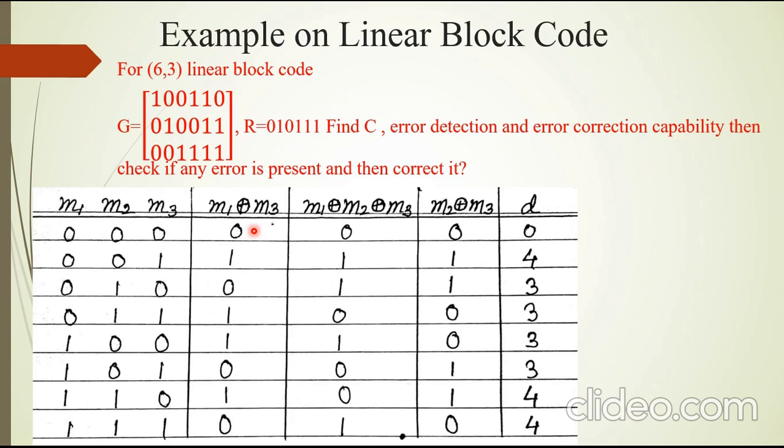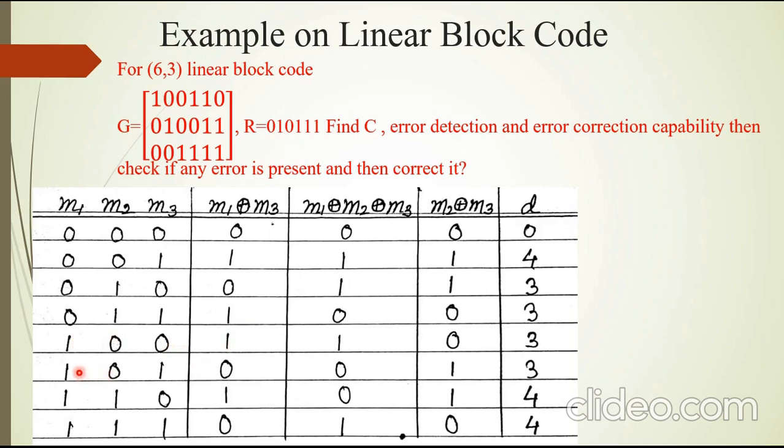Next, here 0 and here 1, so I will get 1. Next, M1 is 0 and M3 is 0 also, so the result will be 0. Next, M1 is 0, M3 is 1, so it will be 1. Next, M1 is 1, M3 is 0, so it will be 1.